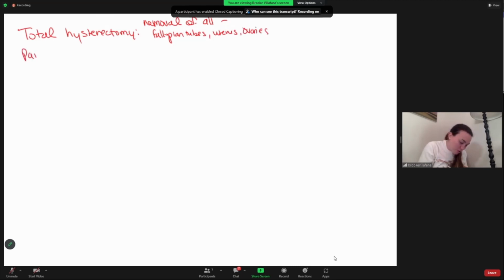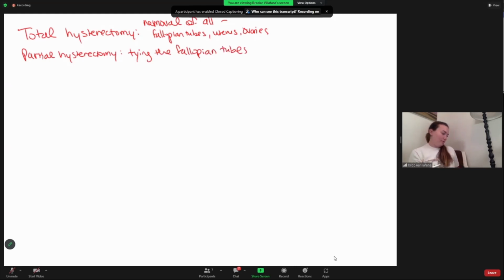Someone can have a partial hysterectomy, and there are different types of partial. Someone can remove the uterus, or remove the ovaries. Usually partial hysterectomies involve tying the fallopian tubes. So kind of like a vasectomy, a partial hysterectomy would tie the fallopian tube so you don't get the egg traveling, and so someone can't get pregnant in that case.